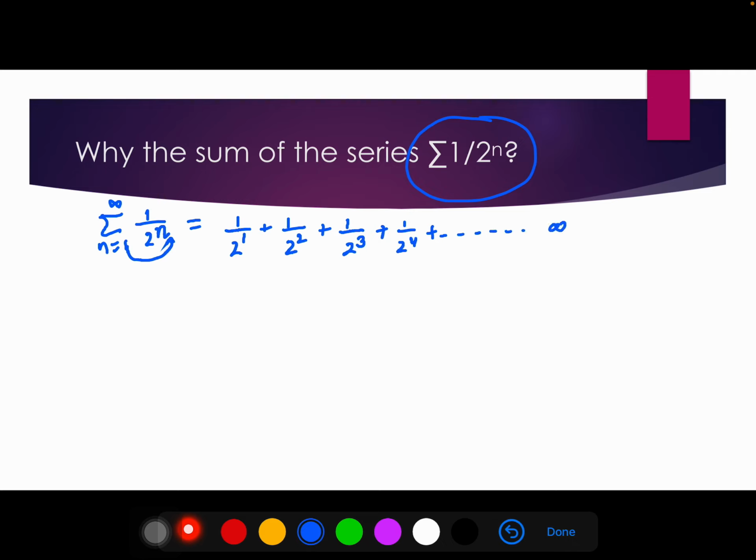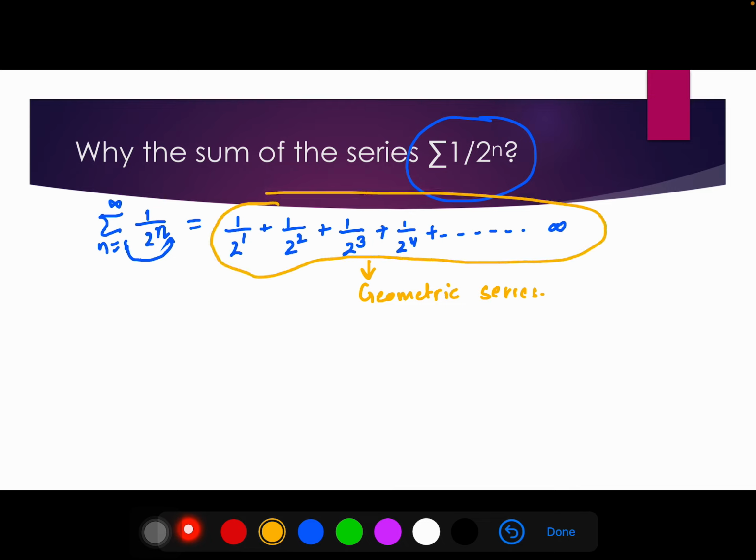Now I have these infinite numbers, and some of us don't know how to add infinite numbers. In this case, this is a geometric series, so I can use the formula and add it. But say I don't want to use formulas, then I would like to see geometrically what exactly this thing is representing and why the sum is equal to 1.